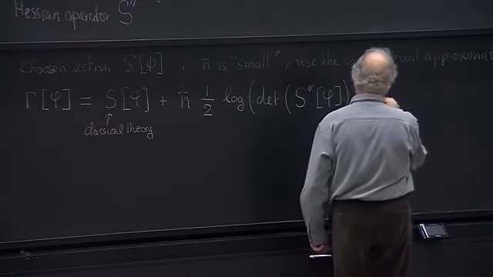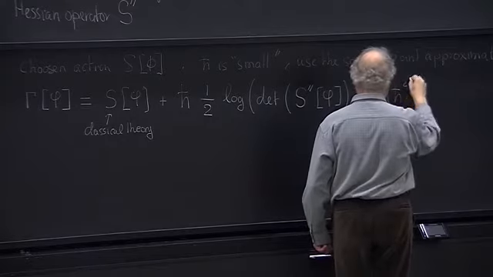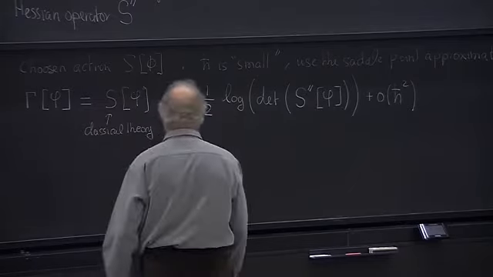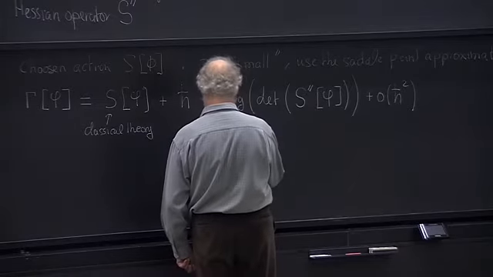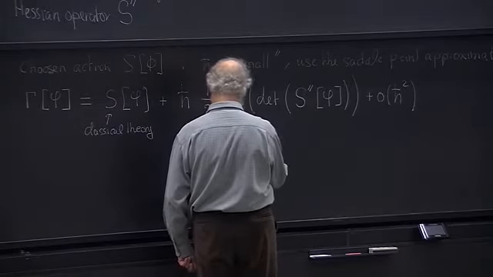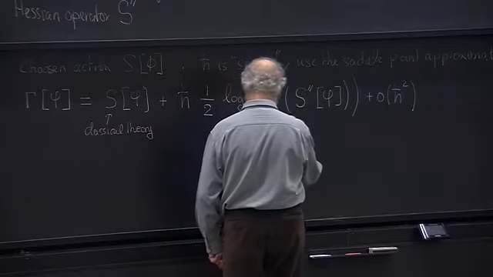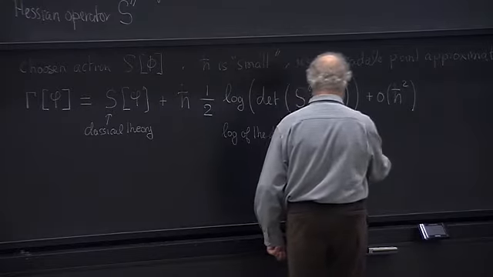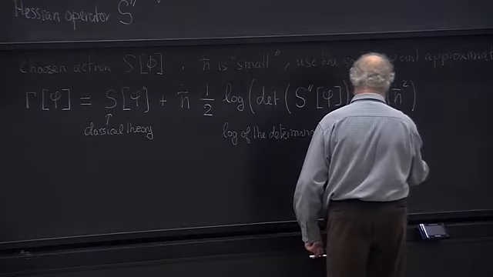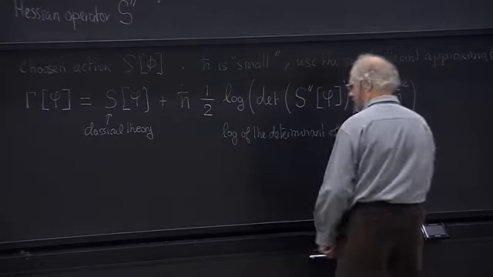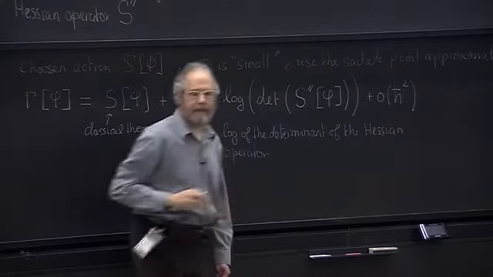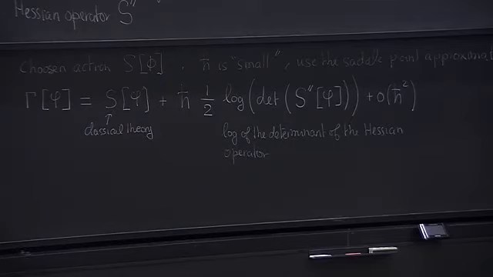And then you have higher order terms in h bar squared. So this is the log of the determinant of the Hessian operator. Okay. So that's a very simple, compact formula.